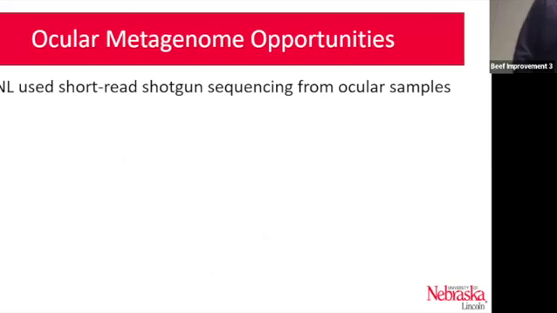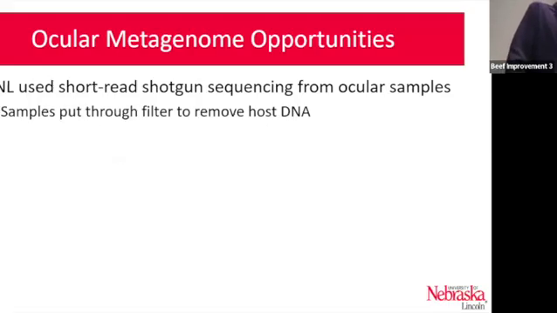What we did at UNL, or what Allison did, I should say, was interested in Pinkeye viruses. So she went out and took more ocular samples, did shotgun sequencing, so sampled all the DNA, and then passed that to me to pull out host reads.